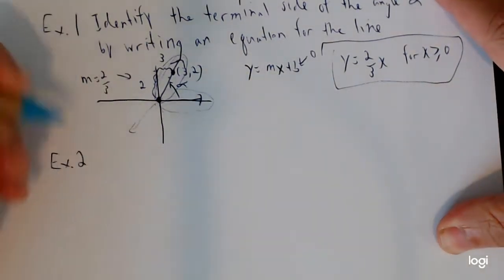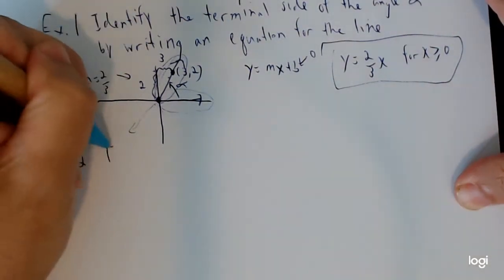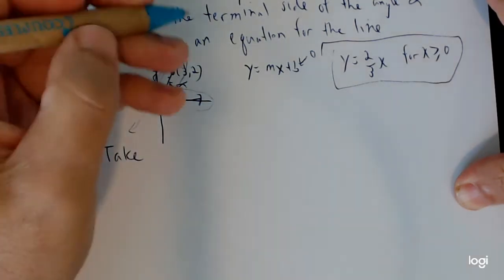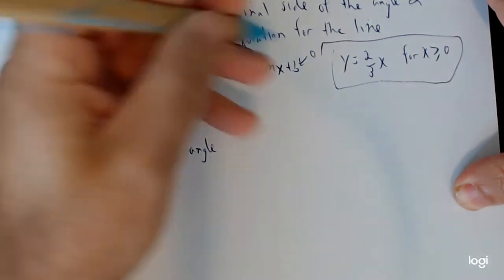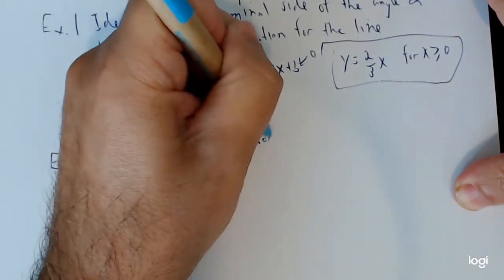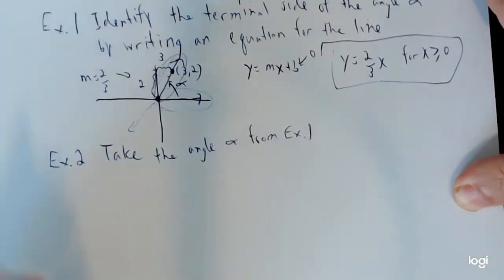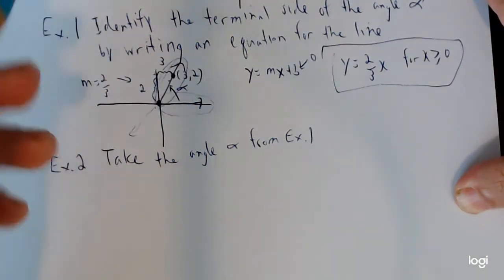So for example 2, we would say take the angle alpha from example 1. So once again, we're focusing on this angle alpha.